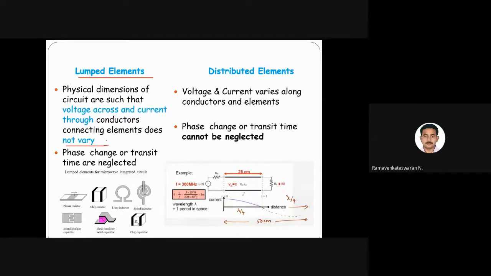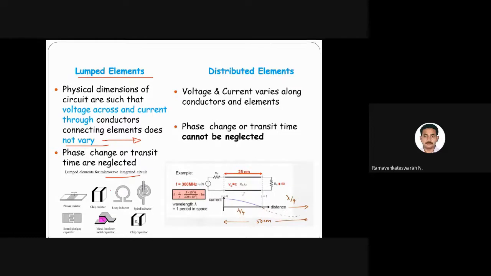Since they do not vary, it is better to use these small lumped elements as devices in microwave integrated circuits, so that there won't be any variation of voltage and current inside the device. The device output depends only on the device, not on V and I. The functionality should not change randomly because of the length issue. That is the reason microwave devices are usually designed with lumped elements.